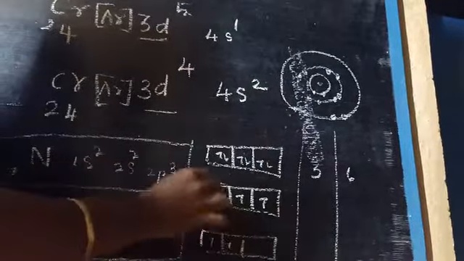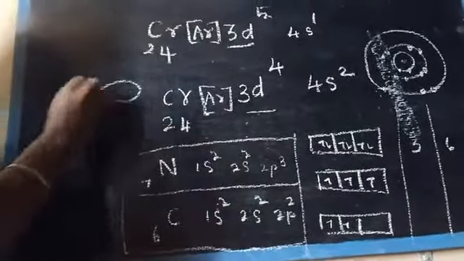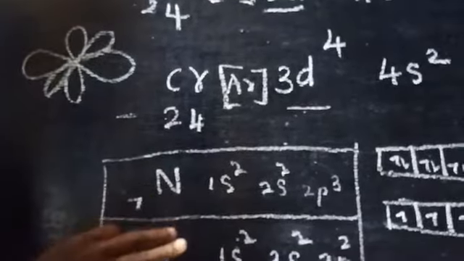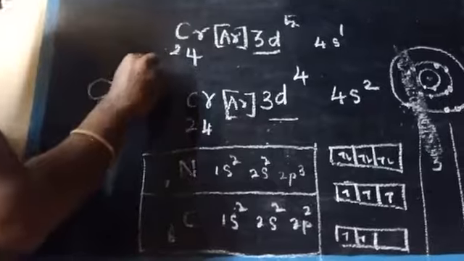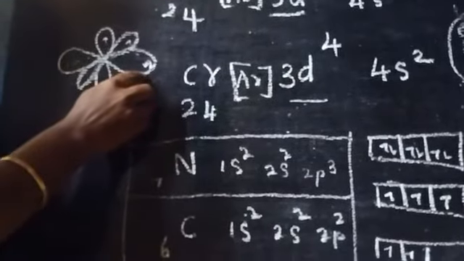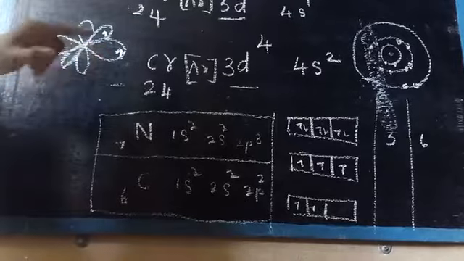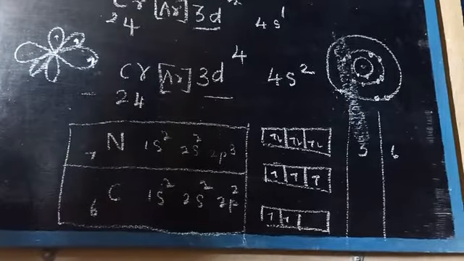This is another reason. In the textbook this diagram is given for the p orbital. The p orbital has 3 orientations and 6 electrons. 1, 2, 3 is half filled, with single electrons. In single electrons, attraction is more and shielding effect is less, so the stability of the atom increases.